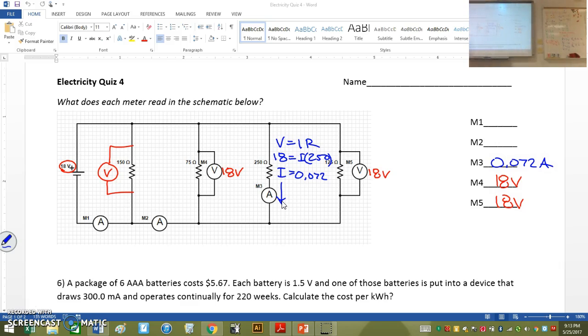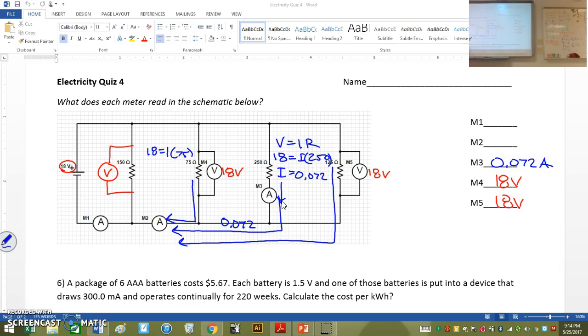Let's see. M number 2. To figure out M2, you have to figure out how much current is flowing through this branch, how much current is flowing through this branch, which we already know is 0.072, and then you have to figure out how much current is flowing through this branch, and then add them all together. So using V equals IR, 18 equals I times 75.